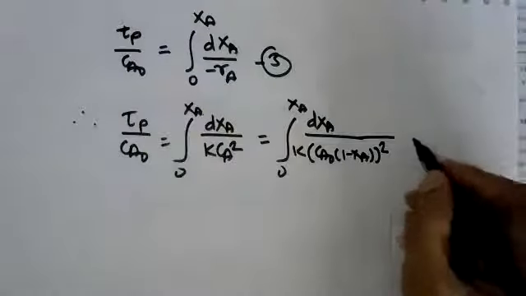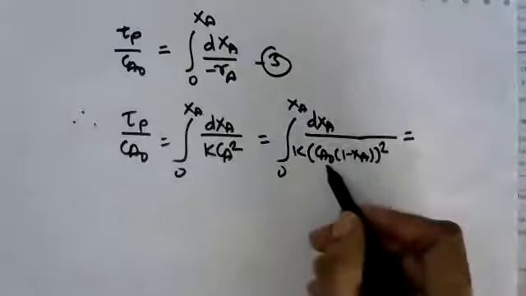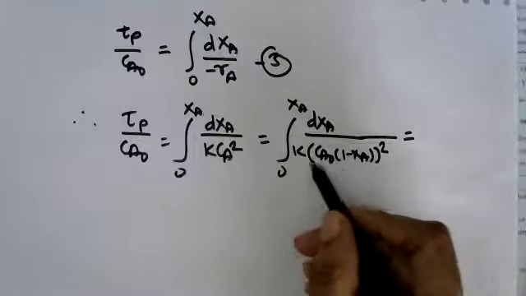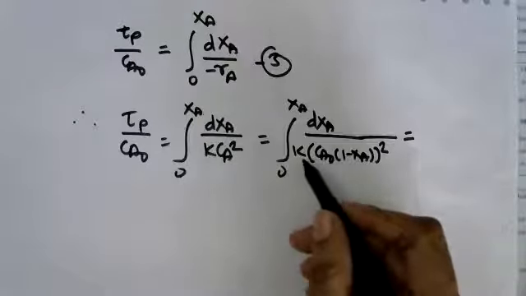Again, if you simplify it, if you take this Ca0 outside the bracket, it will be Ca0 square.